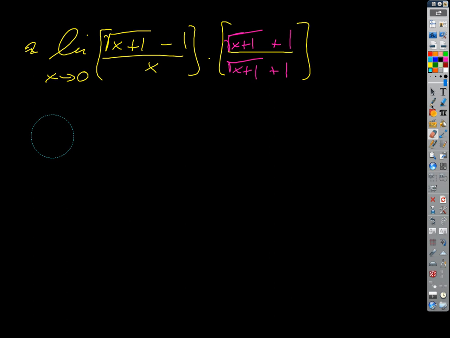So what am I going to get on the top? That's A and that's B. So I'm going to get x plus 1, right, which is the square root of x plus 1 squared, minus 1 squared, like that. Everybody agree?